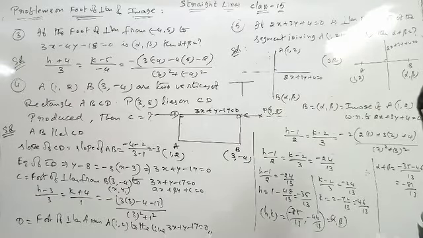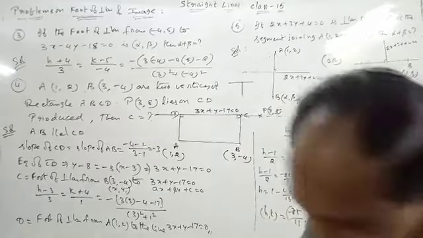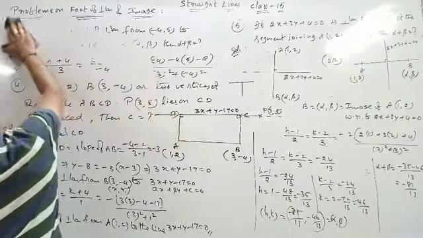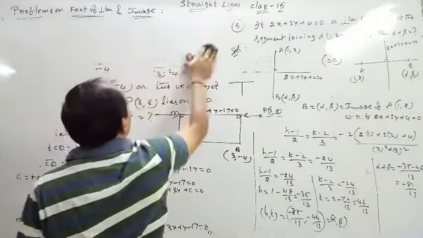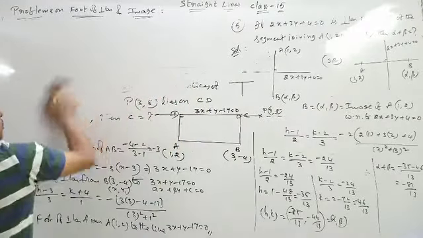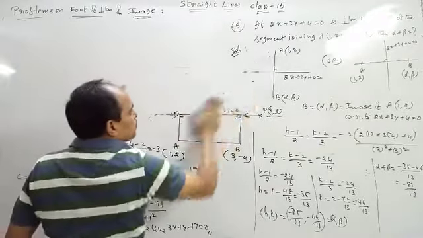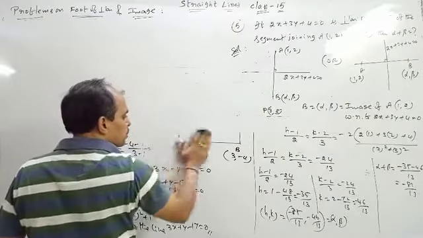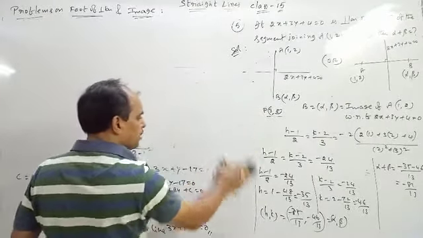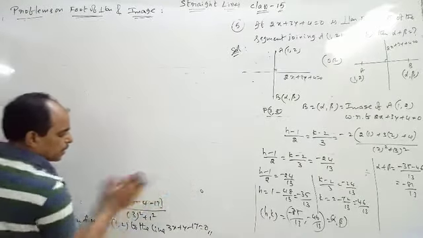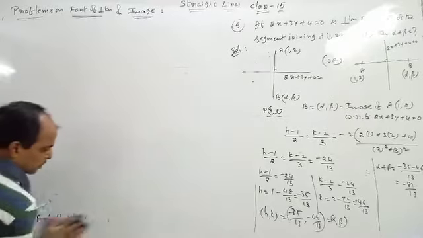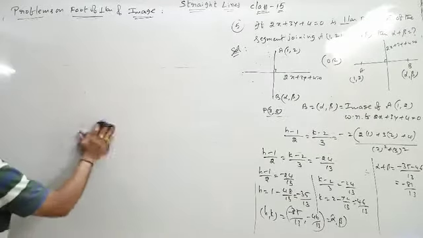Okay, next question. See the next one. The concept of foot of perpendicular and image is very, very important for intermediate and objective purposes. There are many other concepts that depend on this concept, image and foot of perpendicular.